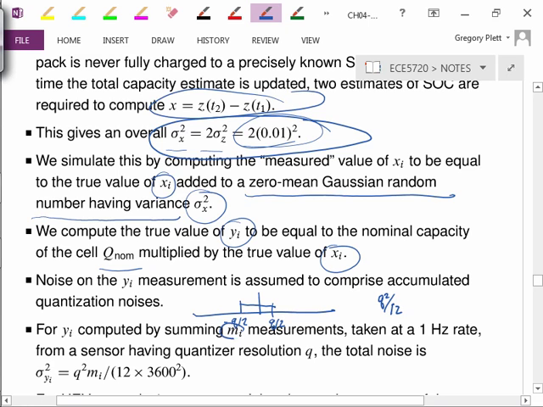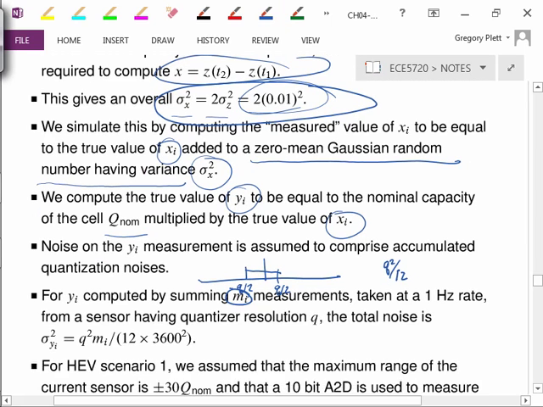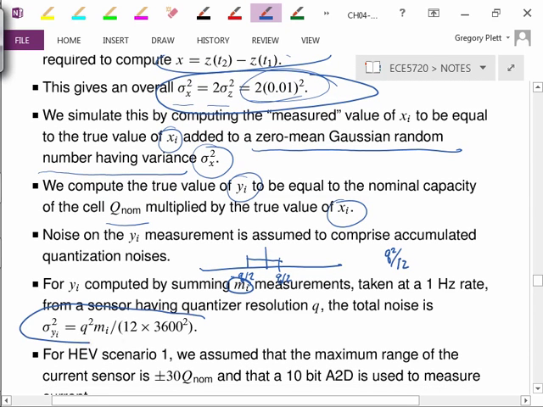I'm going to sum up mi different measurements, and here we'll assume we take the measurements at a 1 Hertz rate, and the sensor has a quantizer resolution of Q. So the total noise, the variance of the sum, is going to be Q squared, this quantum width squared, times mi, that's how many measurements there are, divided by 12 because of this, and divided by 3600 squared because I'm converting from seconds to hours, or amp seconds to amp hours, if you want to think about it that way.